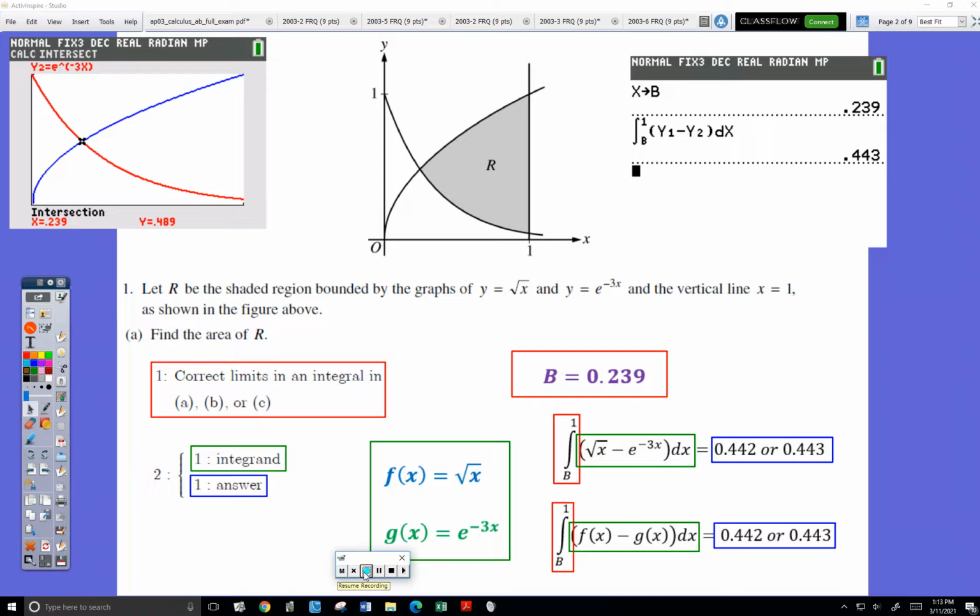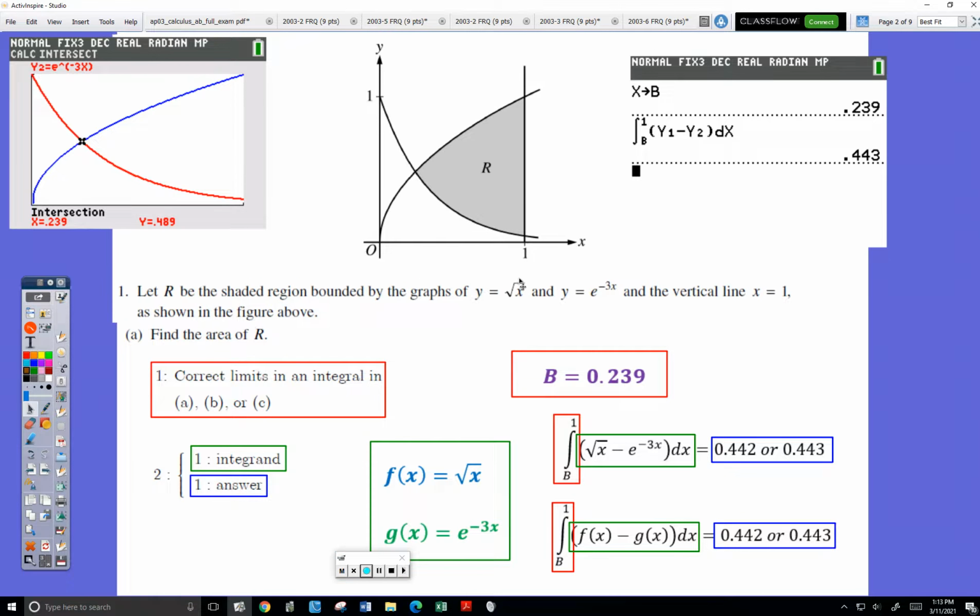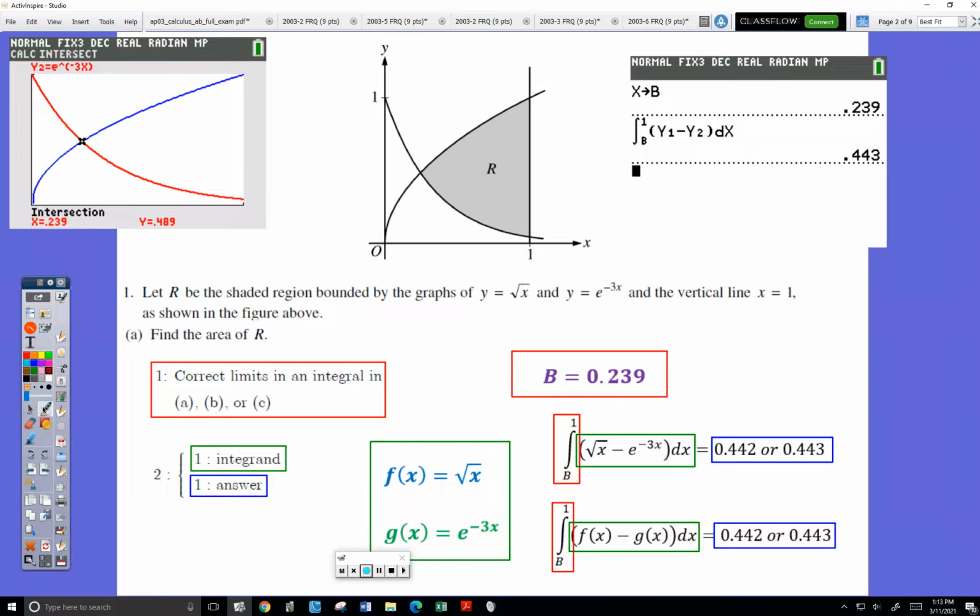Okay, so they give us a shaded region bounded by this graph and this graph. So what I like to do is use my calculator.